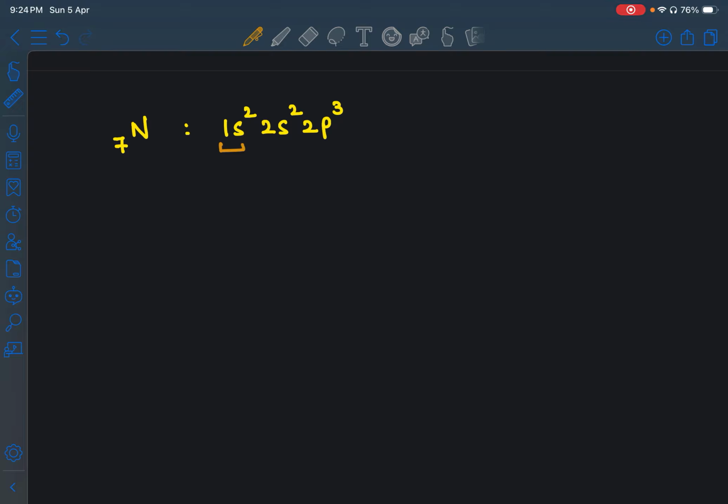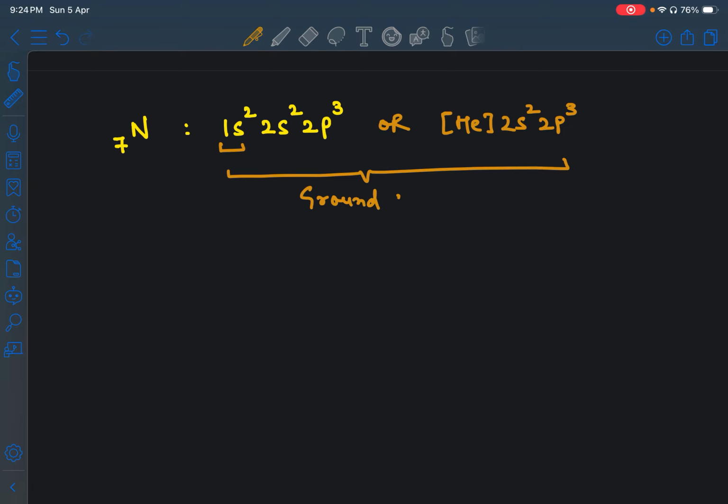So we can write helium in the square brackets. Then we can write the outer electronic configuration, which is 2s2 and 2p3. These are basically called ground state electronic configurations.